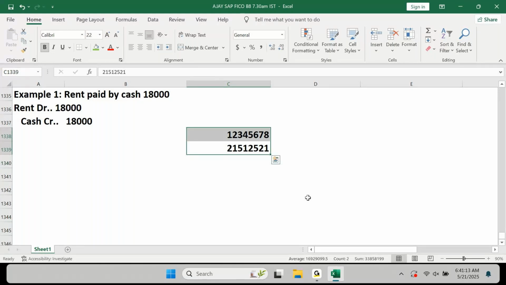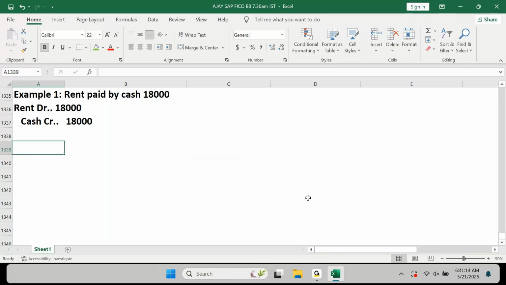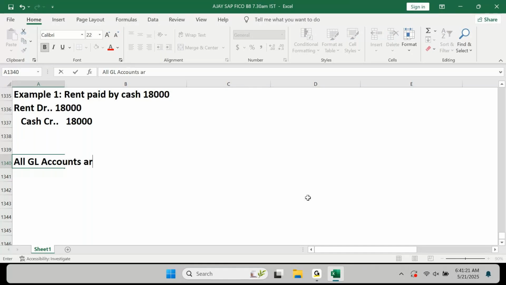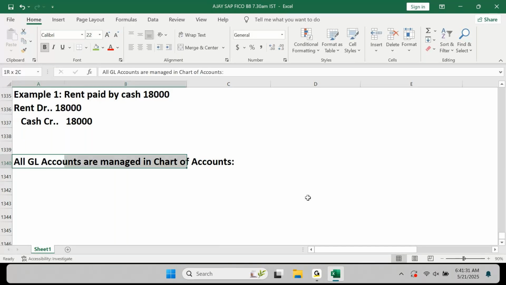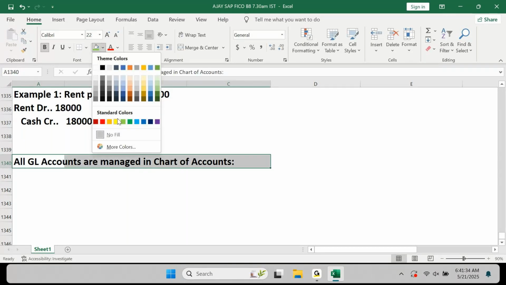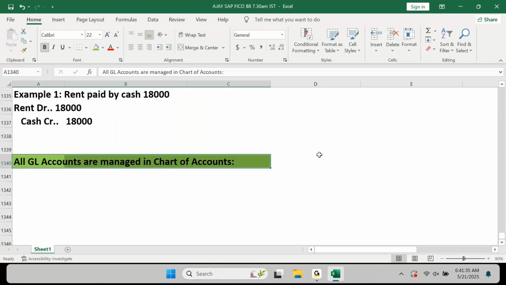Now what I will do, I'll write: all GL accounts are managed in the chart of accounts. Where are all GL accounts managed? In the chart of accounts.